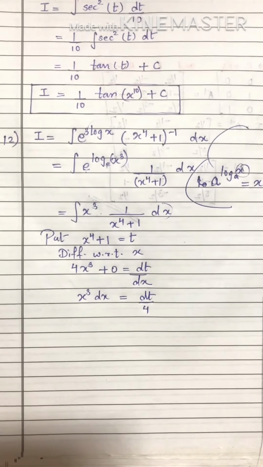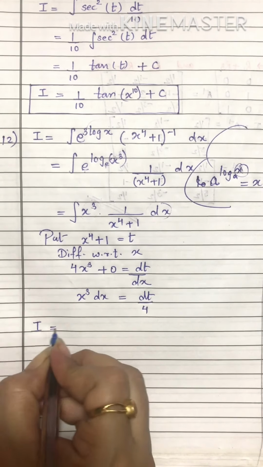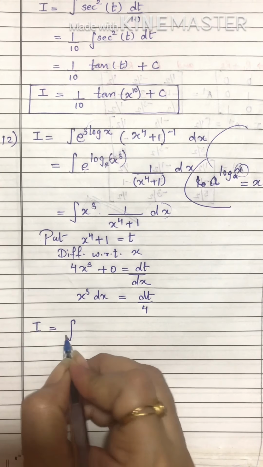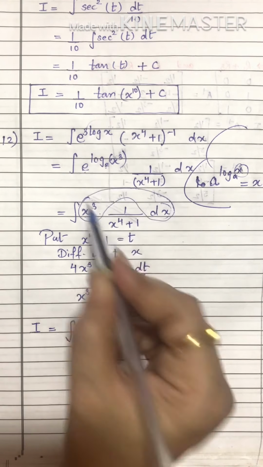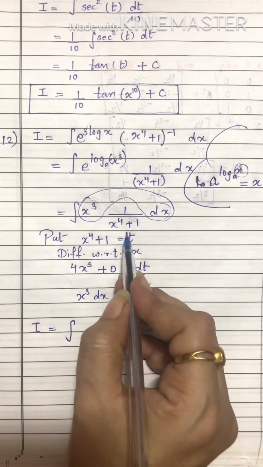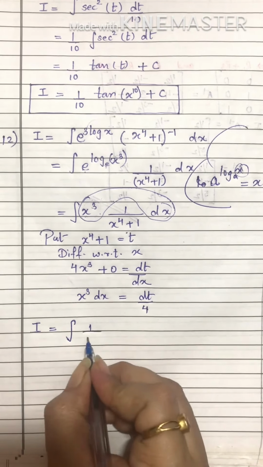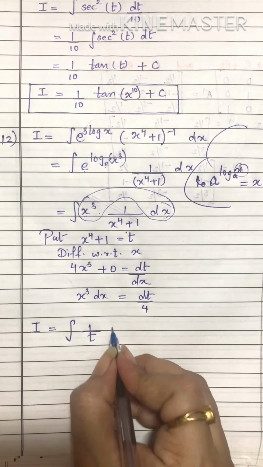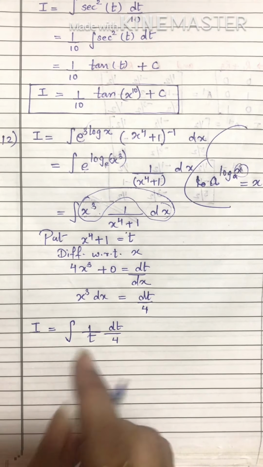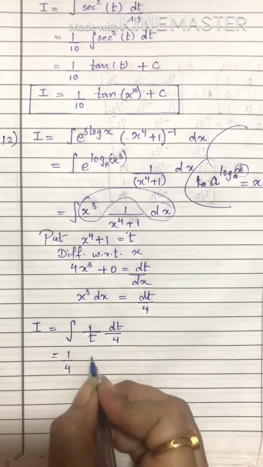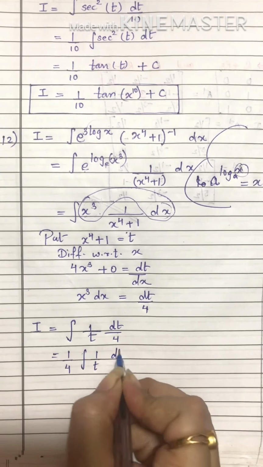Now what happens to I? I becomes integration here. x cube dx is dt by 4 and 1 upon x raised to 4 plus 1, so we'll get 1 upon t dt upon 4. Again, unlike the previous sum, we'll take 1 upon 4 outside the integral and we get 1 upon t dt.